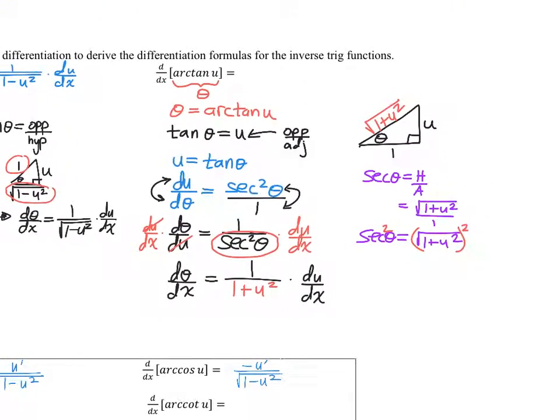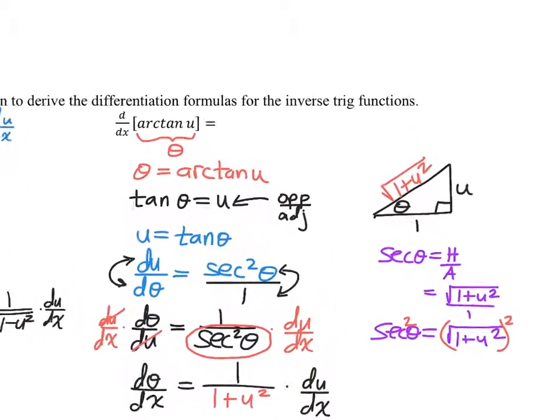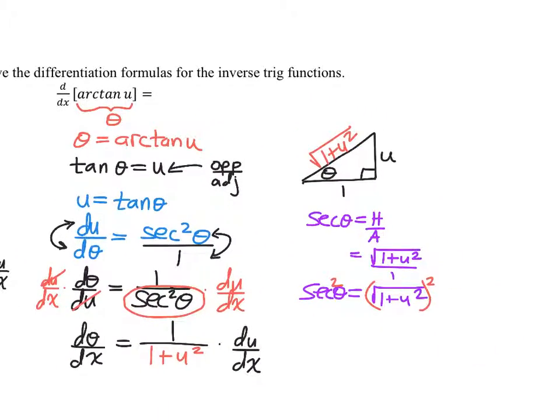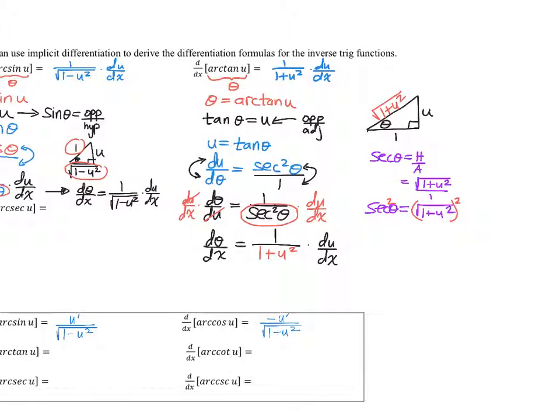Which gives us a cleaner version of the rule. I'll just rewrite it above so you have a consistent place to look for things when studying. The cleaner version of that, again, du dx can be thought of as u prime.